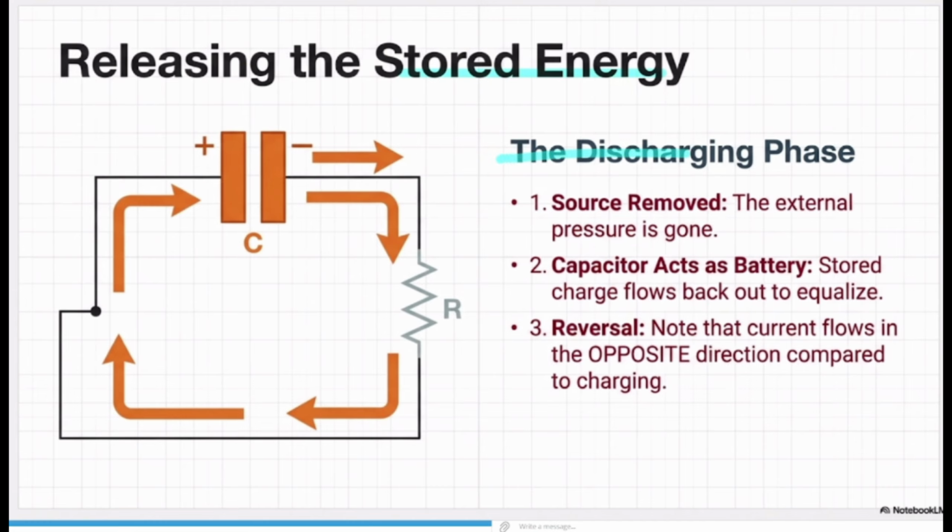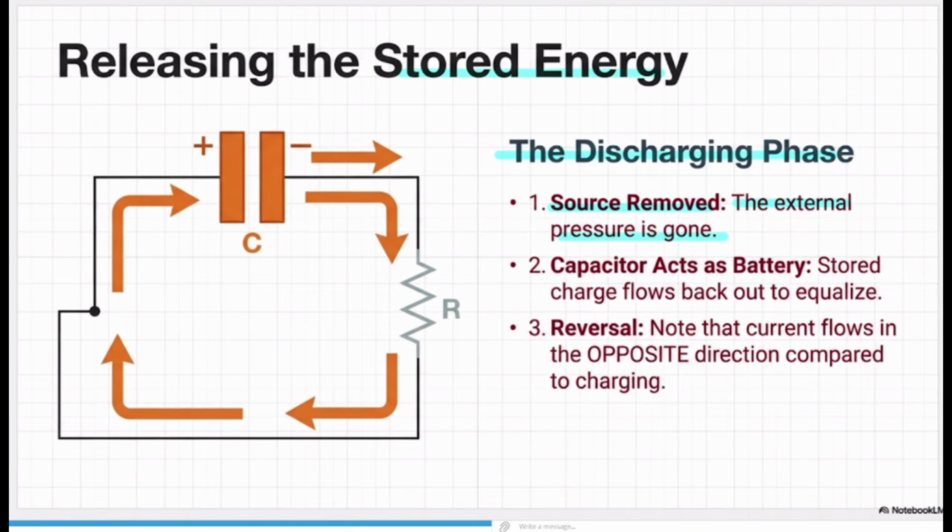So we have different steps: like the charging phase, we have a discharging phase. When the source is removed, it means that the external pressure is gone. The capacitor is going to act as a battery, and the stored charge flows back out to equalize. Reversal means that current flows in the opposite direction compared to charging.